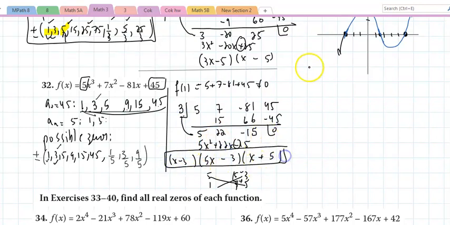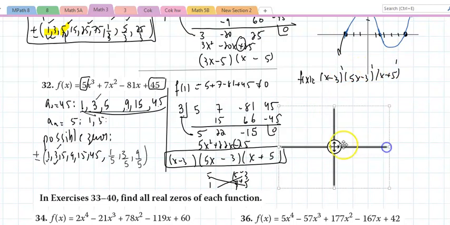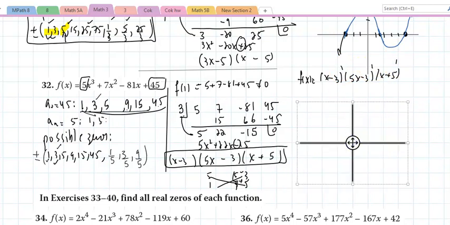We know how to graph f of x equaling x minus 3 into 5x minus 3 into x plus 5. All of these have multiplicity 1. That's an easy graph. So once you factor it, it's easy. 3, 1, 2, 3. 3/5 and negative 5.